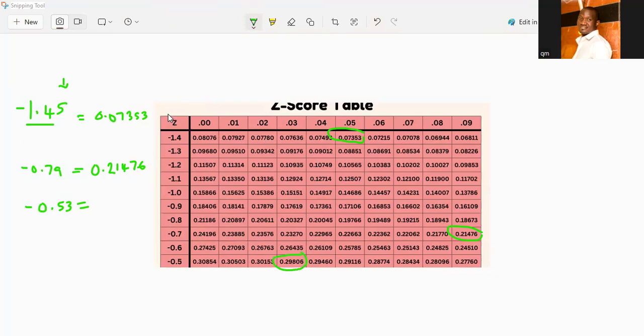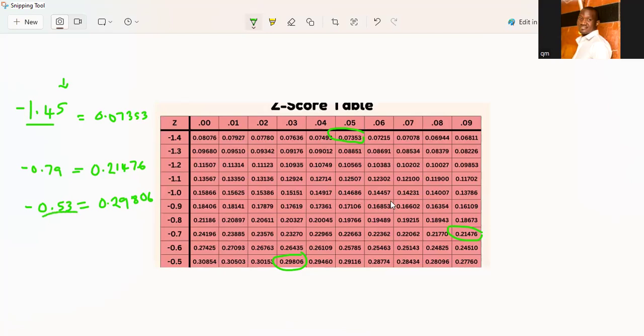Okay. So you're reading from here to there. Now, if you're reading from inside to outside, if I asked you what is the Z for 0.29806, you just go to 0.29806, just add this number 0.5 times 0.03, it gives you 0.53.